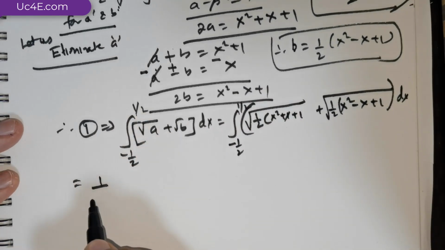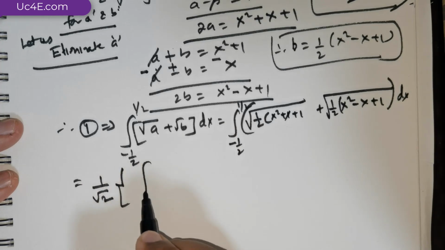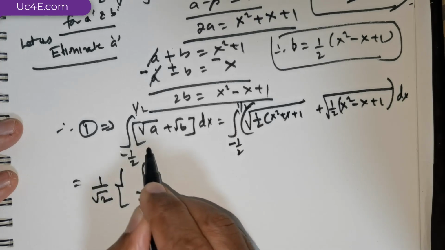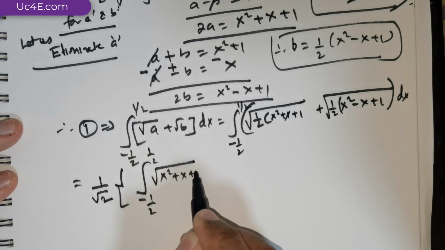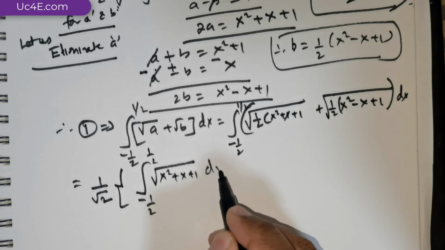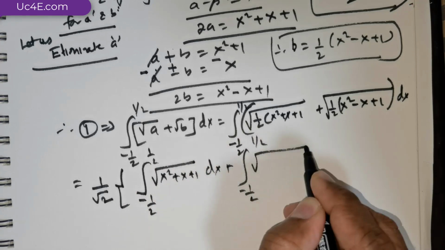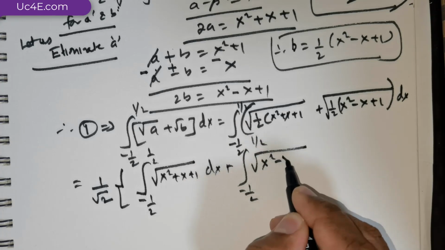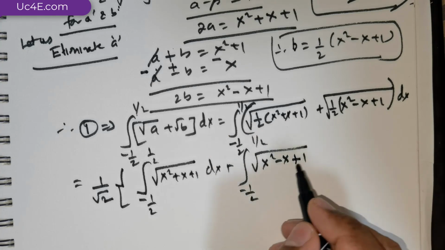So that's going to be 1 over root 2 because it's within the square root. And integrating from negative 1 over 2 to 1 over 2, you get square root of x squared positive x positive 1 times dx positive integral negative 1 over 2 to 1 over 2 square root of x squared negative x positive 1, right?